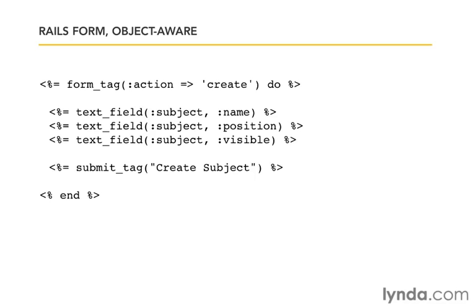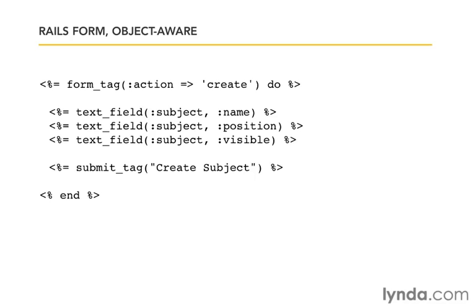The major benefit of this is that now Rails will automatically check to see if we have an instance variable called subject. And if we have one, then it will use the value of name to pre-populate the name field, the value of position to pre-populate the position field, and so on. So you can see where using the Rails helper here offers us an extra benefit, because now suddenly it's object aware. It's aware of the subject object.